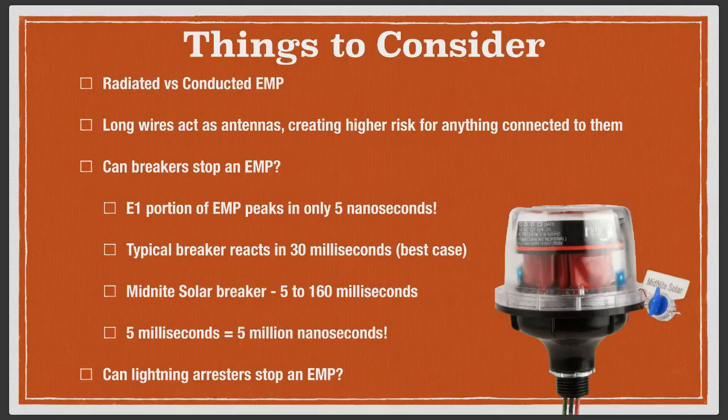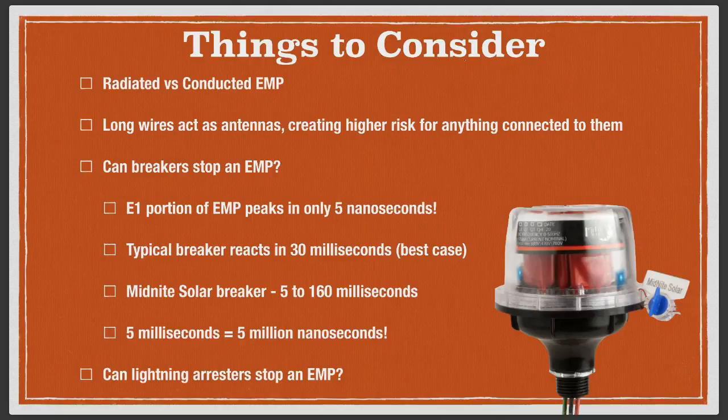In addition, don't forget that the E2 portion of an EMP comes within a tiny fraction of a second of the E1 portion. So this lightning arrestor may still be recovering from that initial blow that it got when the E2 hits it. And so the question that comes to my mind is, will the lightning arrestor be able to withstand an assault like that?